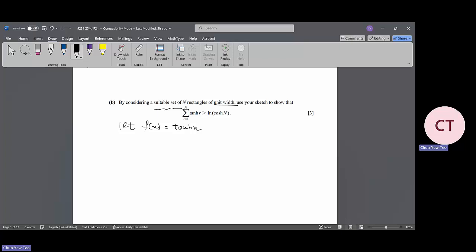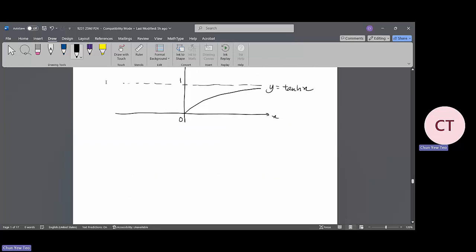Okay, so from the diagram that we have over here, you can see that this is a unit width, 1 unit, 2 unit, 3 unit, and so on until n minus 1 and until n. So from here, you will build the rectangles until the last rectangle is over here.